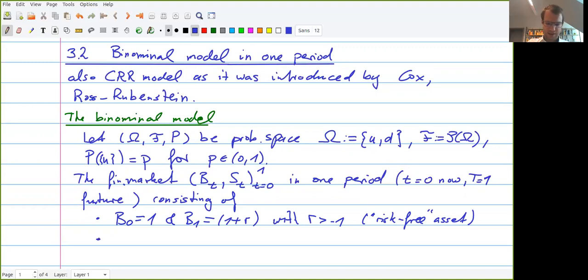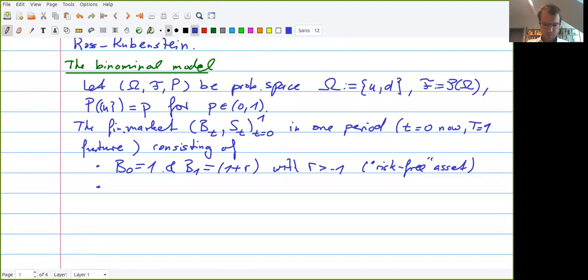And then we have the risky asset. This starts again with a constant S0 because we observe the current prices. So we assume it's a real number, and we assume that it's positive because it's rather natural to assume positive prices.